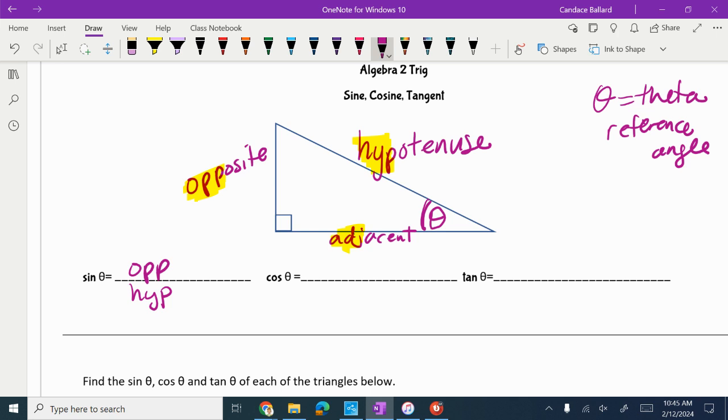Cosine is the adjacent over the hypotenuse. And tangent is the opposite over the adjacent. This should be really familiar stuff. We're making this really easy for the week before break. Wait till you see how easy this is going to be today.